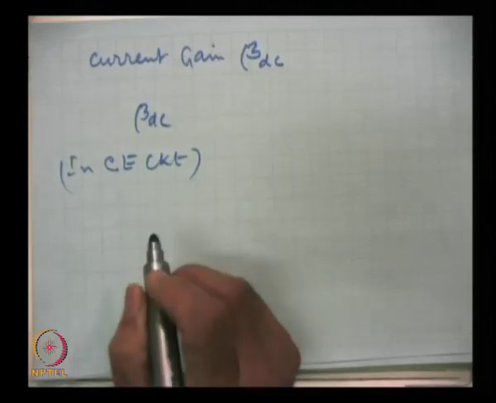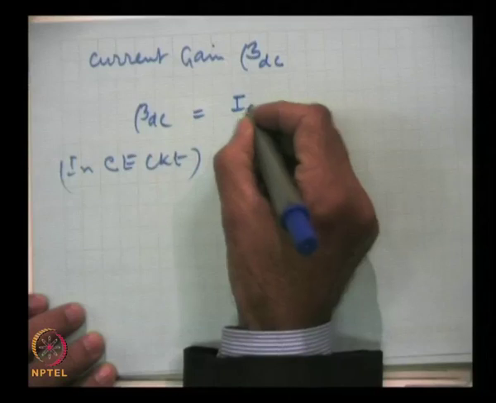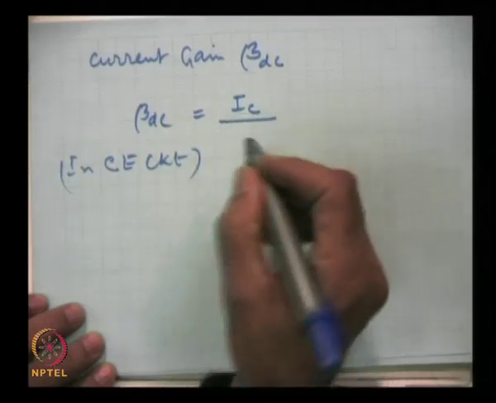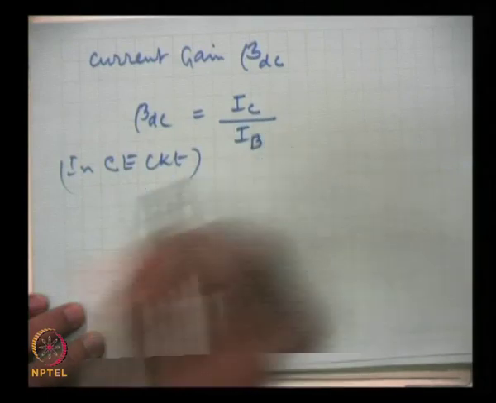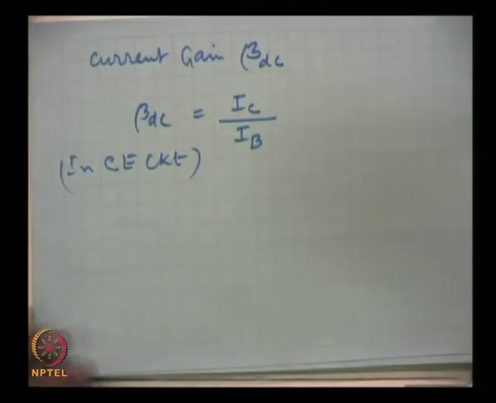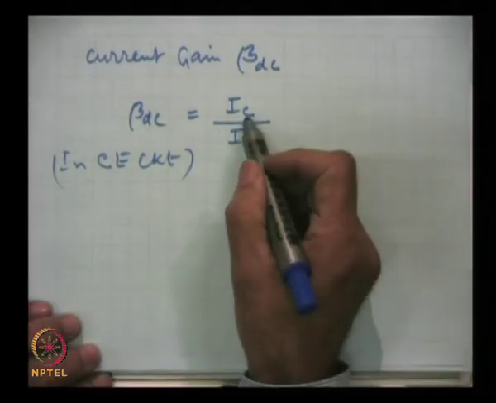Always remember, alpha is the current gain in common base circuit and beta is the current gain for common emitter circuit, and the output current here again is the collector current and the input current is now IB, the base current. Base current is very small in comparison to the collector current.